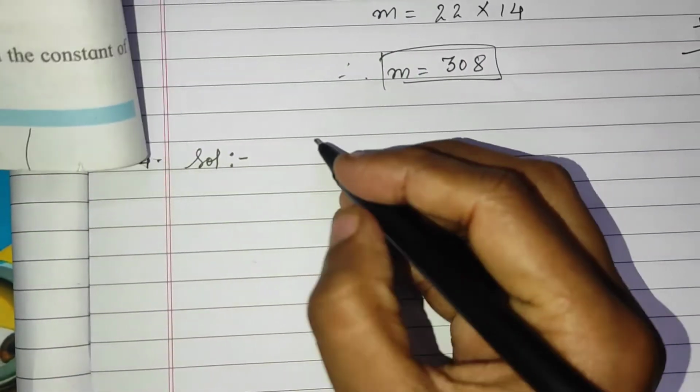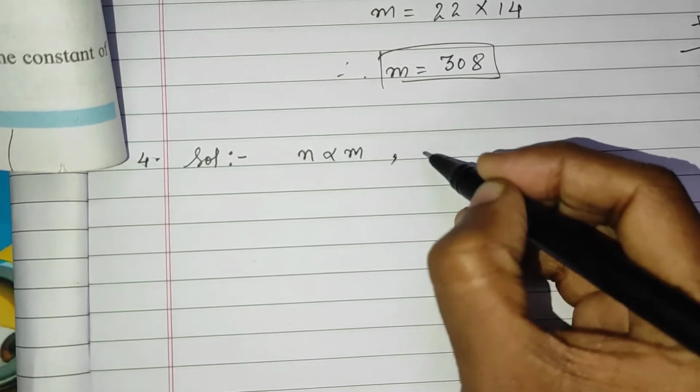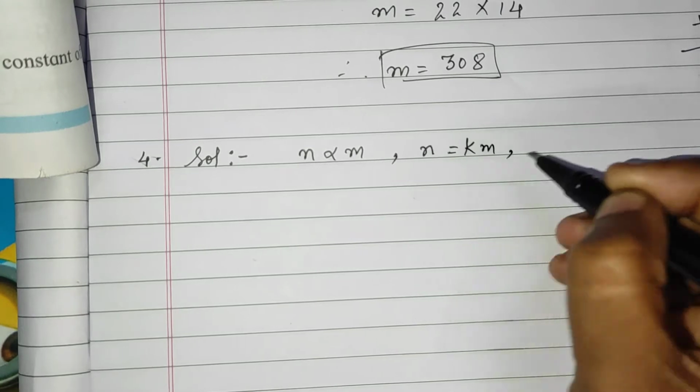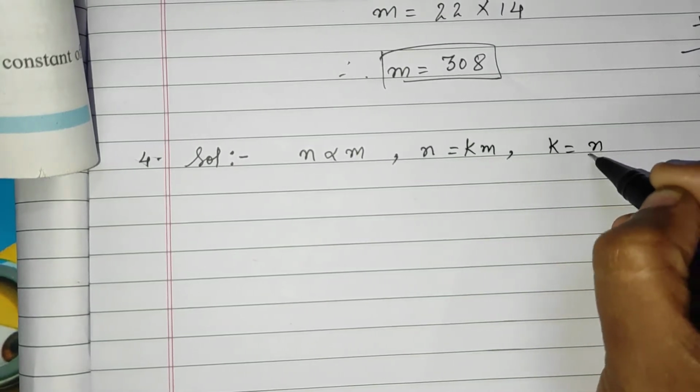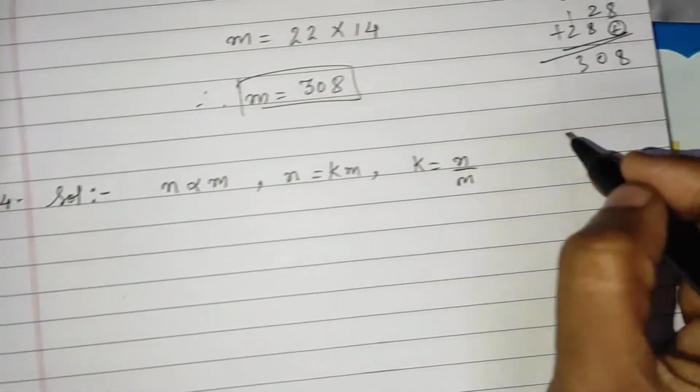So let's see, यहाँ बोल रहे हैं n varies directly to m. So that means n is equal to km. So k will be n upon m. ये जो m है नीचे आया तो k is equal to n upon m.